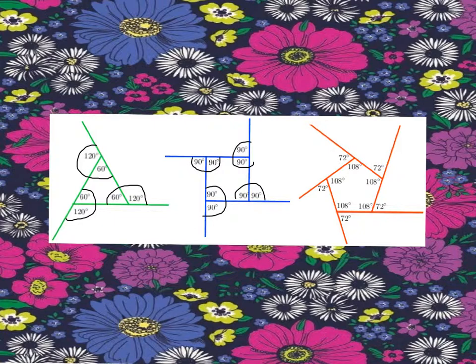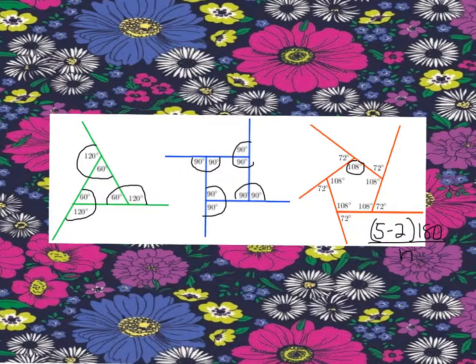And the last, let's look at the pentagon. If you look back at that chart that you copied on the first couple of slides, you'll notice that each interior angle is 108. You can take n minus 2, which would be 5 minus 2, then multiply that by 180, and then divide by n to find out that each interior angle is going to be 108.